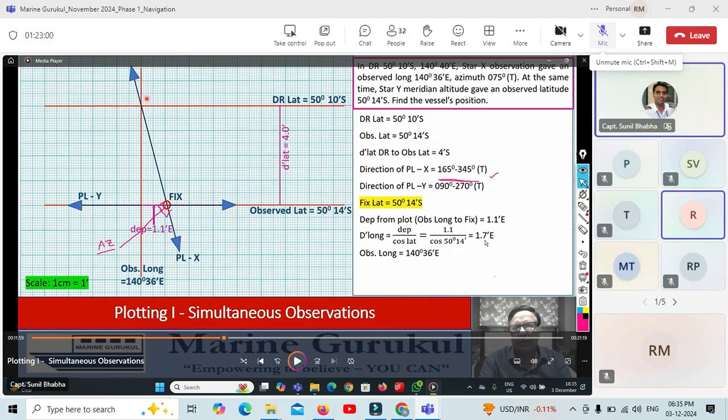So if any time you are doubtful which mean lat should I take, whatever mean lat you think is most appropriate, your answer will still be correct. Only thing is, don't show that mean lat here. Instead of showing 50-14 here, just write cos of m lat and do the calculation. Your numerical answer will still be correct. Okay, sir. Thank you, sir.